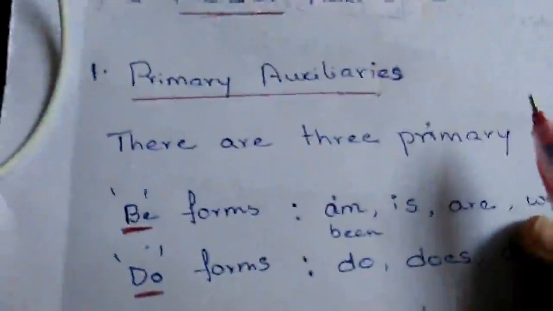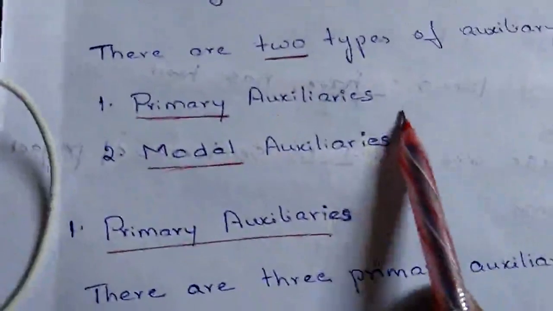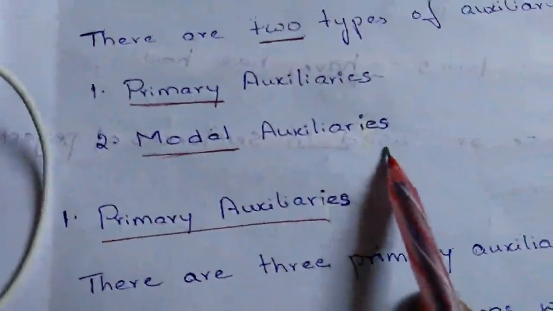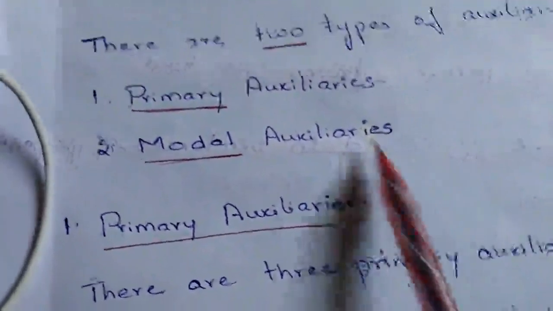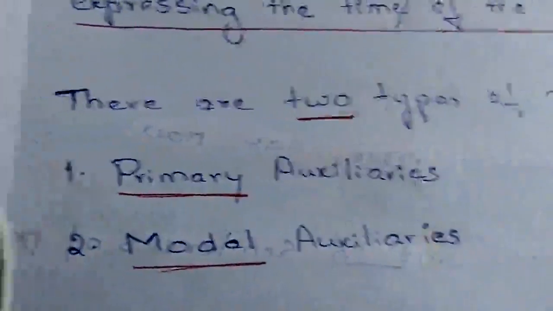So we have two types of auxiliaries. One is primary auxiliaries and the second is modal auxiliaries. So far we have learnt primary auxiliaries. When it comes to modal auxiliaries, they are used to show ideas like possibility, ability, necessity, or intention.